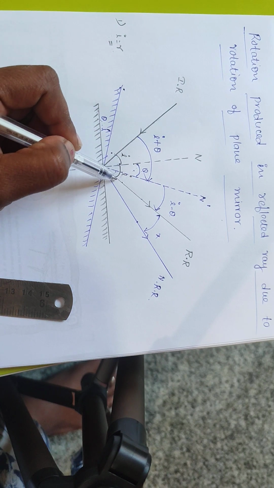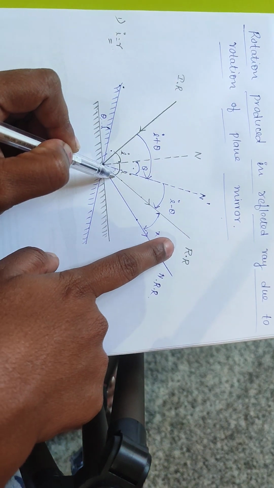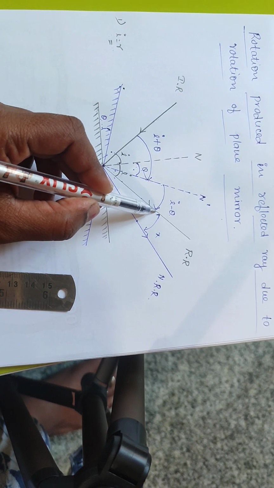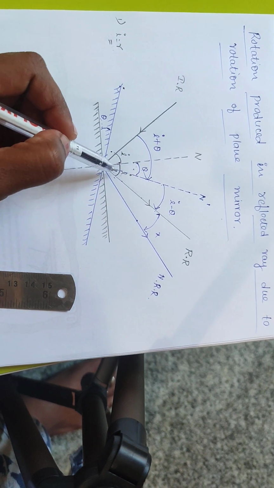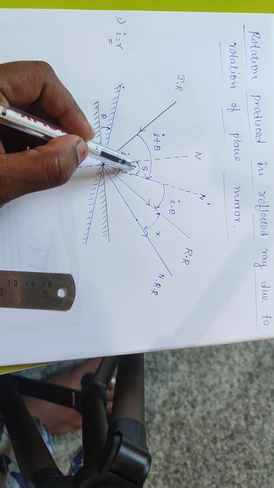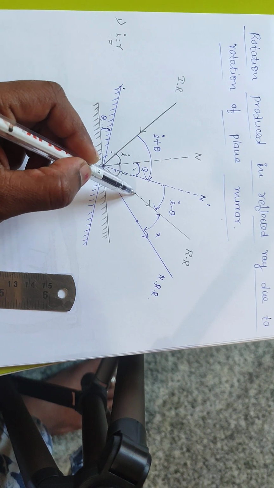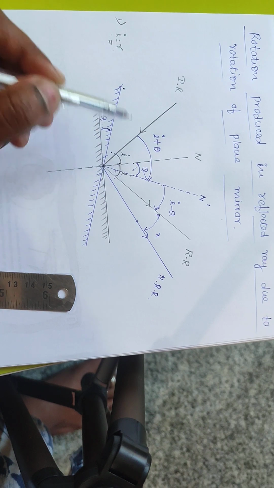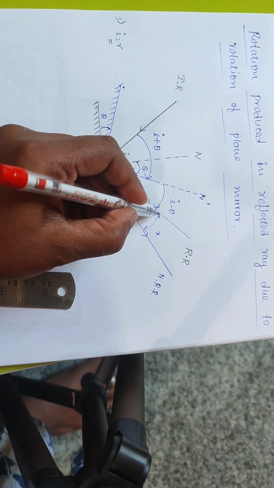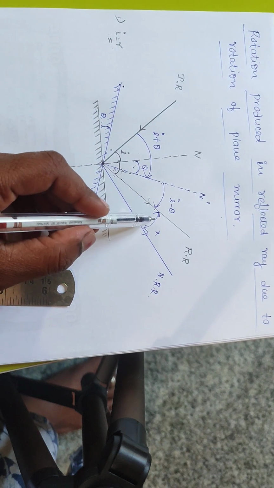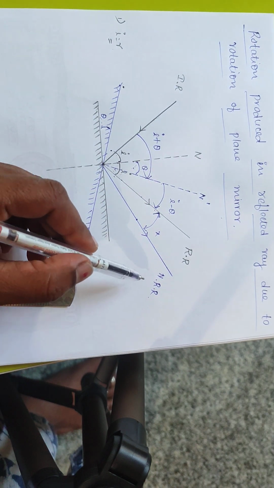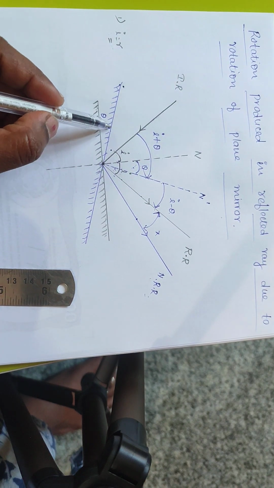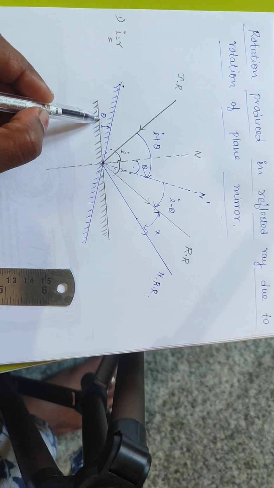The angle between this n and the earlier reflected ray is I. The angle between this n dash and the reflected ray is, when this is I and this is theta, we easily get it by subtracting theta from I. Now we are going to find the angle of the new reflected ray when the mirror has been rotated by an angle theta.